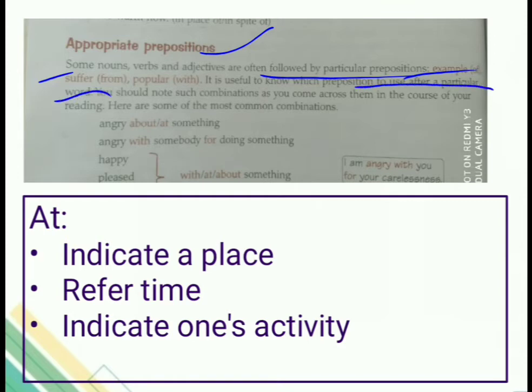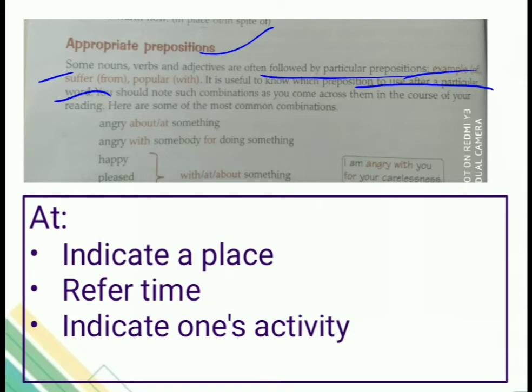Now, there are a few nouns, verbs, and adjectives after which only that preposition is going to come. You cannot change that. Is it understood? There are few words after which only that particular preposition is going to be there. So in appropriate prepositions, we are going to study the particular words with which a preposition is going to be there.